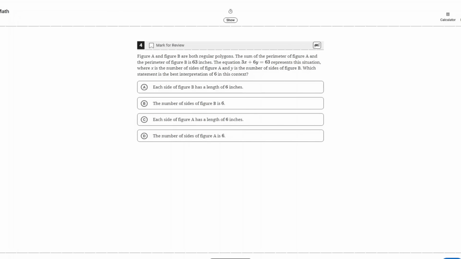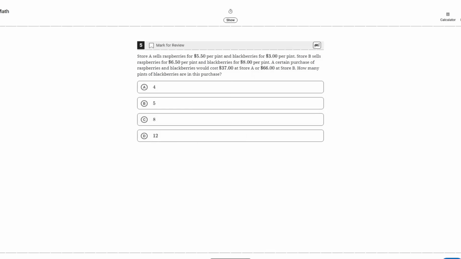So, we multiply number of sides of figure A by 3. So, each side in figure A has a length of 3. And we multiply the number of sides in figure B by 6. So, each side has a length of 6 in figure B. Therefore, I choose the relevant answer. Each side of figure B has a length of 6 inches.